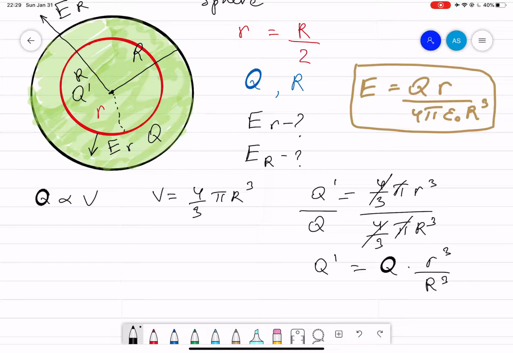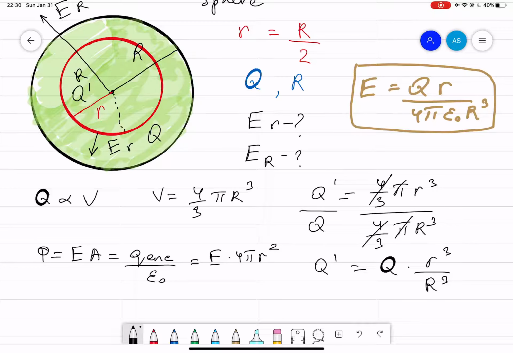Now if you want to find the electric flux at a distance of small r, then you have to draw a Gaussian surface, and by the formula, flux is equal to E times A, which is equal to Q enclosed divided by epsilon naught. Now what is the area at this small r? That will be E times 4 pi r squared.